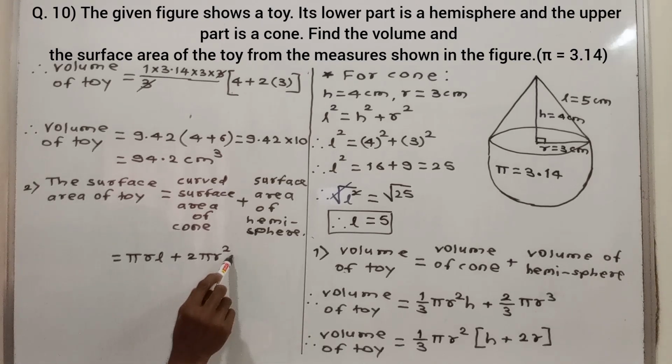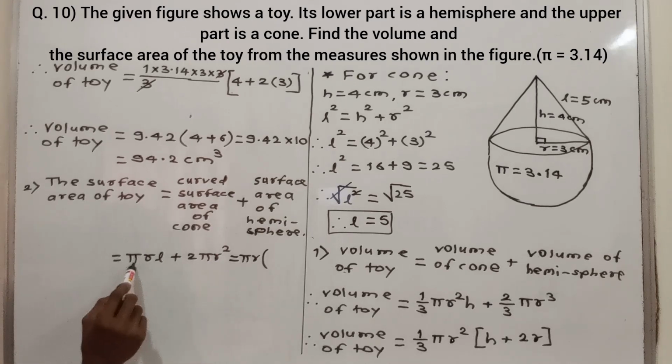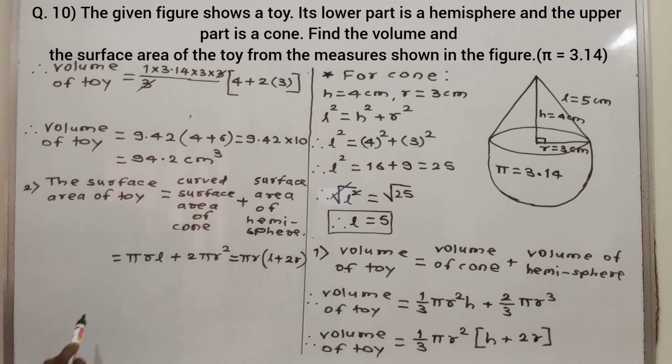Now we take here pi r common. See this, pi r, and here also pi r. Then left l plus 2 into r. Did you get it? Therefore, value of pi is 3.14, r is 3.